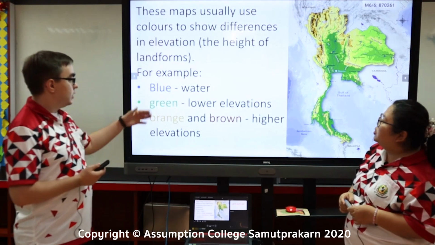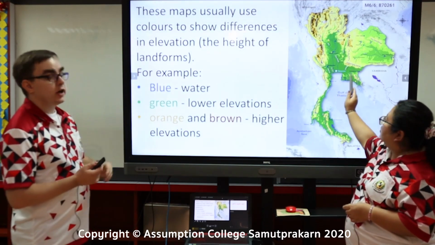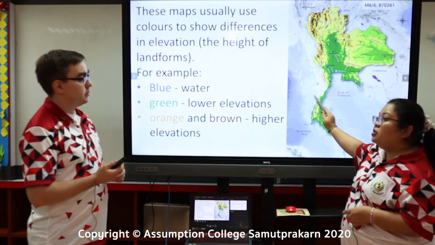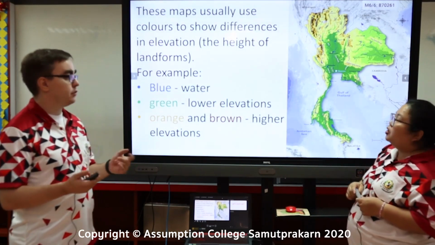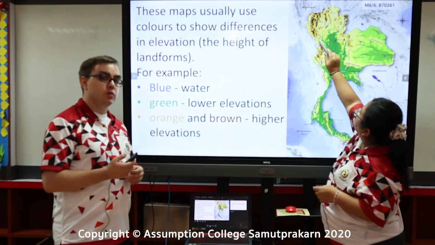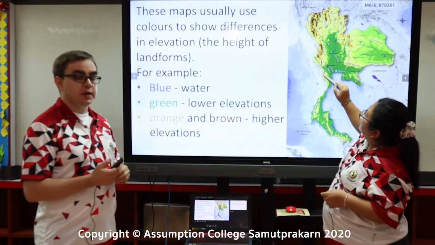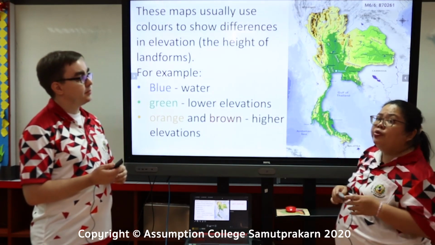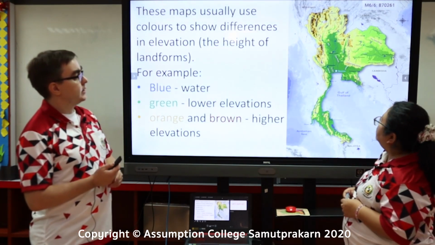Yes, green will be lower, all shades of green. And blue is oceans, sea, any body of water, or lake. Orange, yellow, brown will mean higher elevation or higher areas like highlands, a mountain or hill.